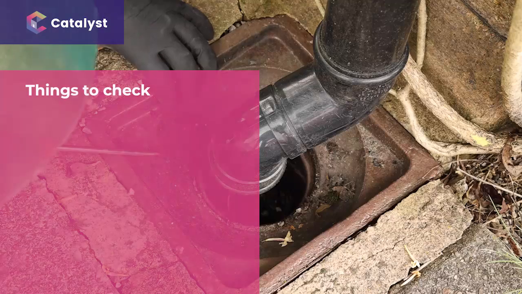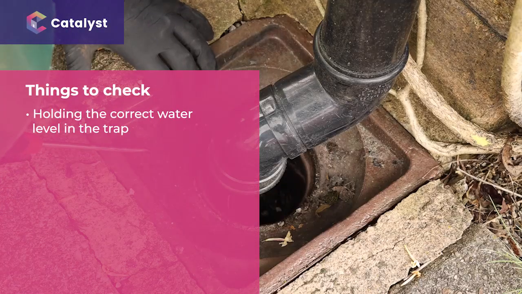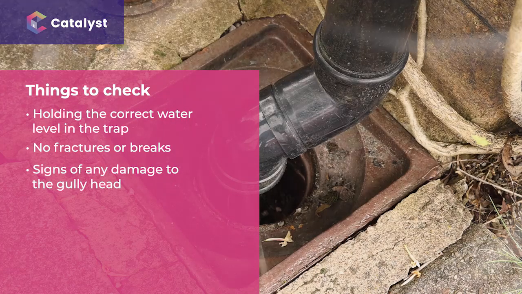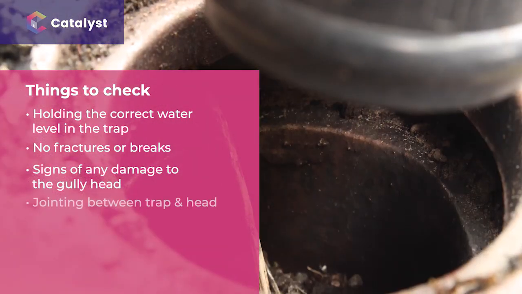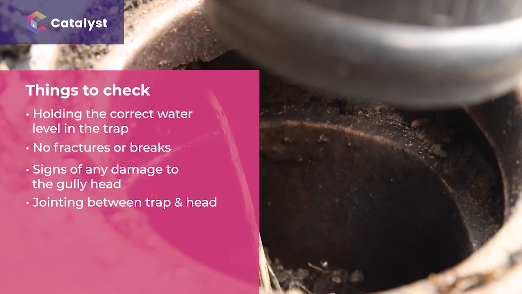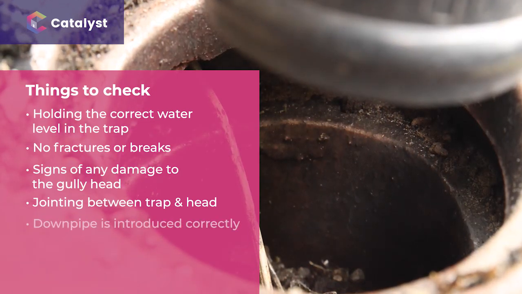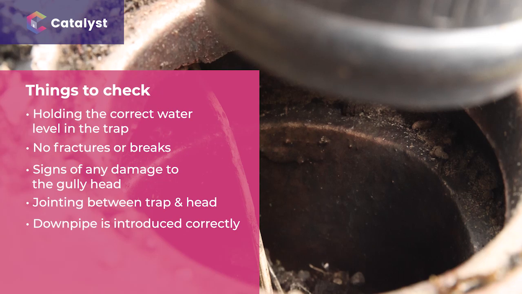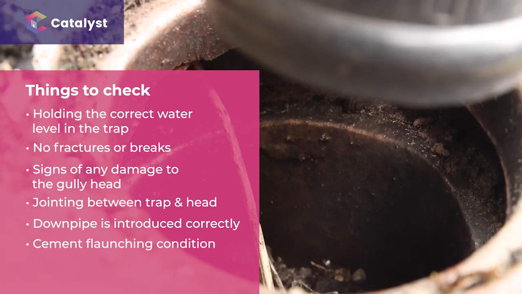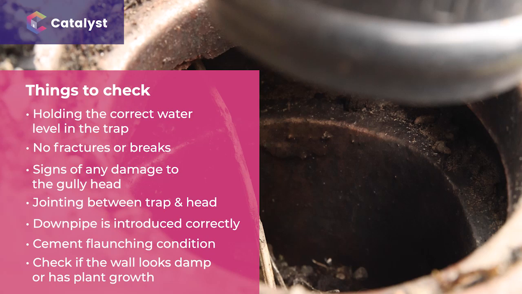Check it's holding the correct water level in the trap, that there are no fractures or breaks, that the gully head is not damaged or cracked, that the jointing between the trap and the gully head is watertight and not leaking, that the downpipe is introduced into the gully correctly, and that the cement flaunching around the gully is in good condition. Also check if the wall looks damp or has plant growth due to water leakage and seepage.